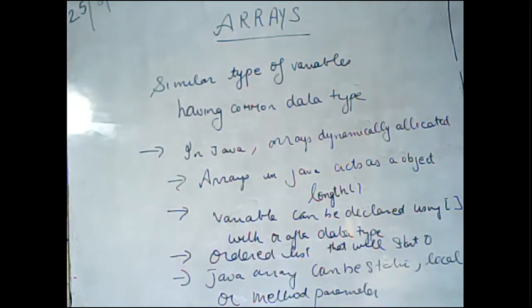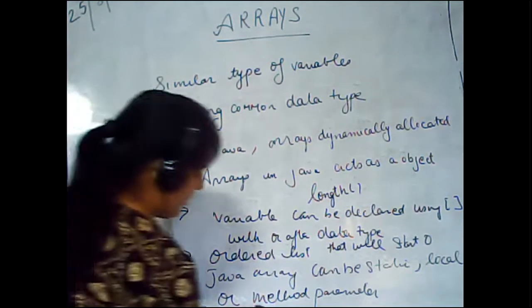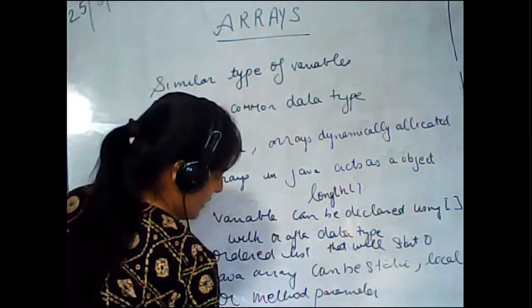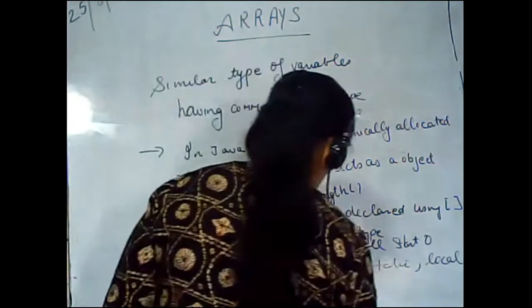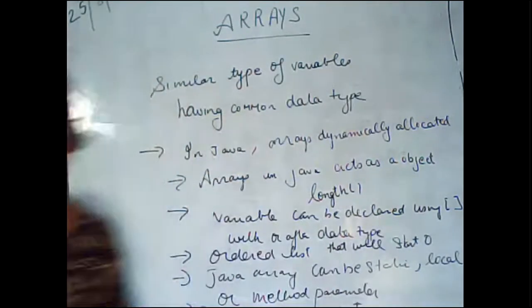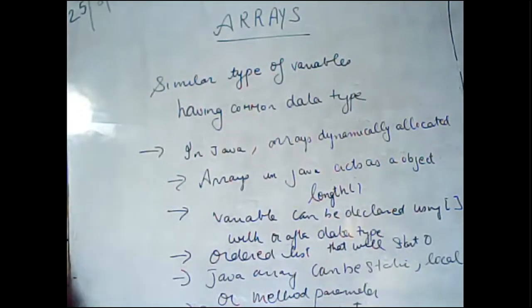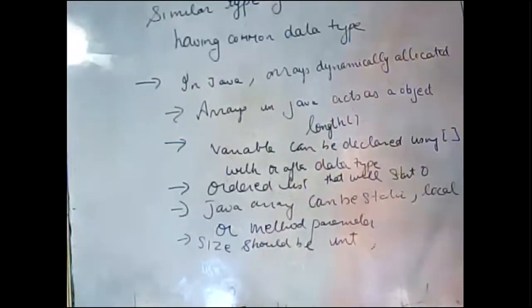Next, the size should always be an integer. We cannot use a long or a short variable for that, so we have to use the size in the form of an integer.